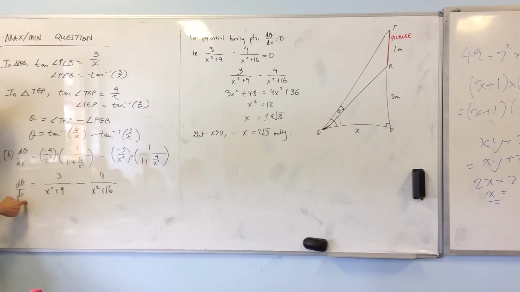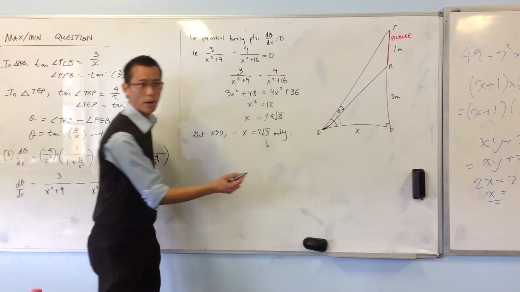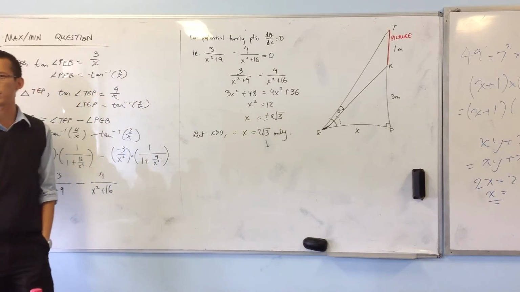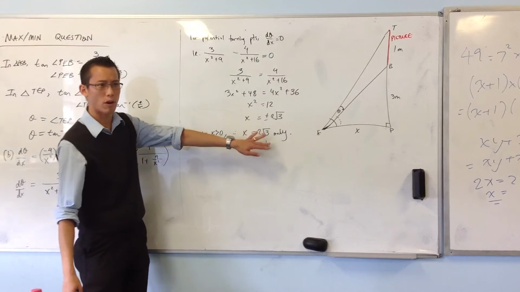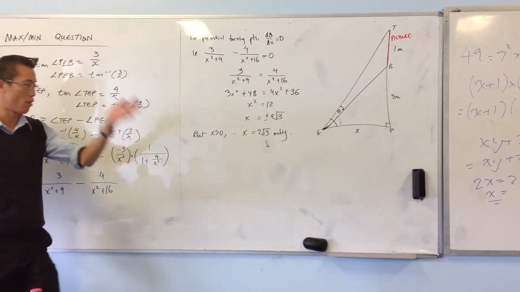Remembering that this is our derivative, right? What do you think? The good old second derivative. So I'm going to draw up a table. What is 2 root 3, by the way? Root 3 is like 1.7 something. So this is kind of like 3.4-ish, right? So you can pick 3 on one side and 4 on the other, okay?